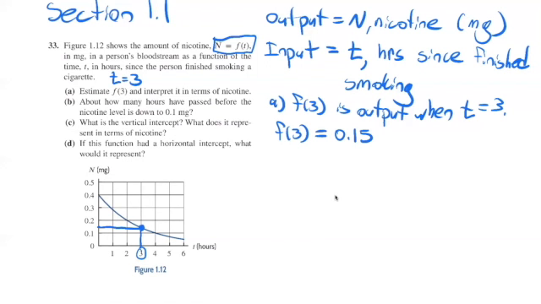This problem is asking us to interpret it in terms of nicotine. So this tells me that 3 hours after smoking, the nicotine present in the bloodstream is 0.15 milligrams.